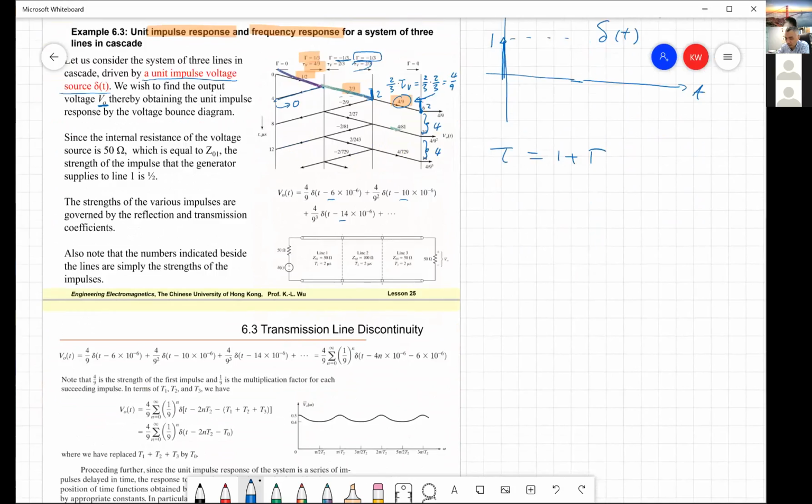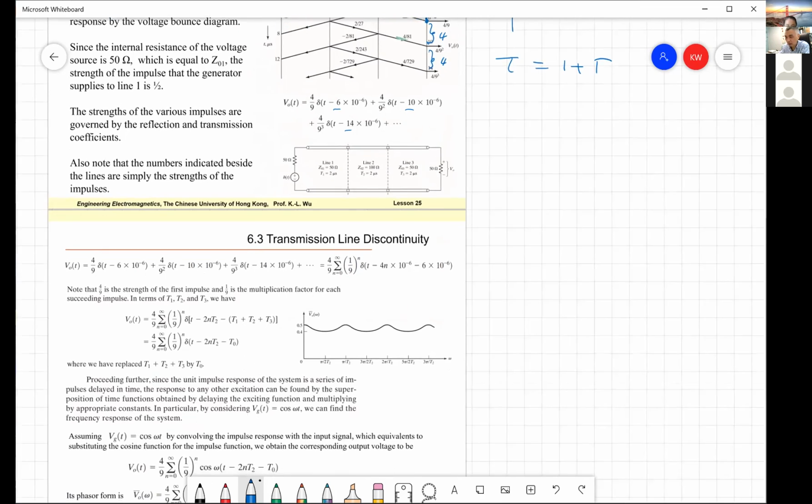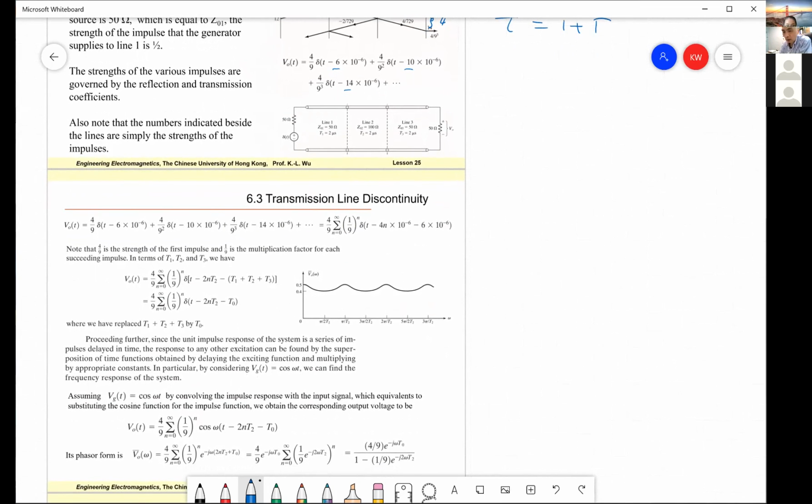Now let's add them up. Sorry, this slide I added last night, and I just asked the TA to update this. Now, this is the output we have.